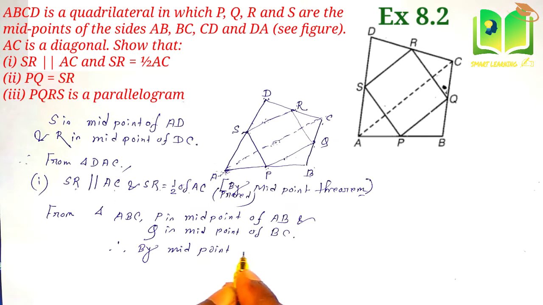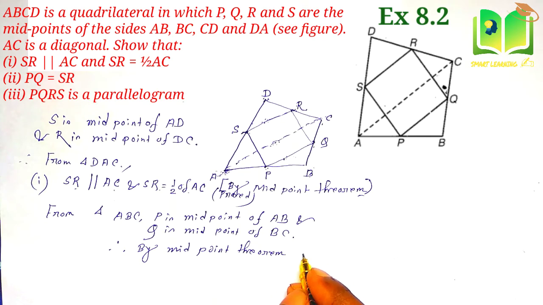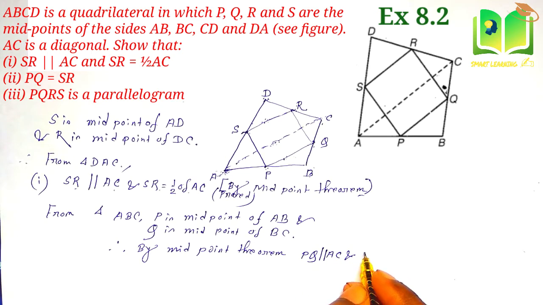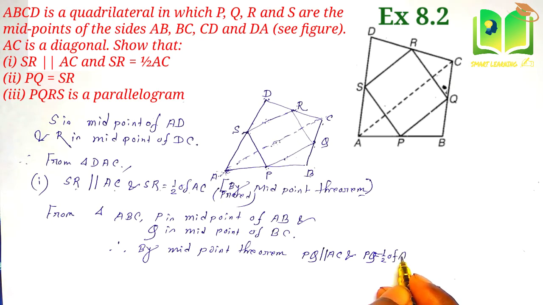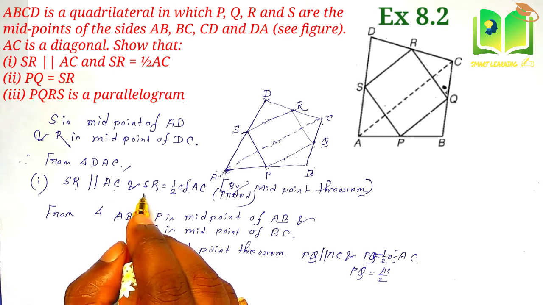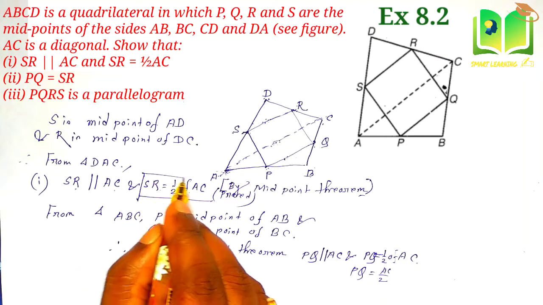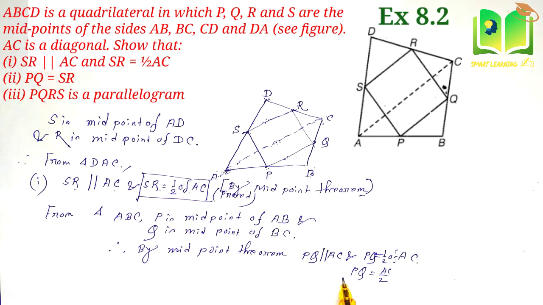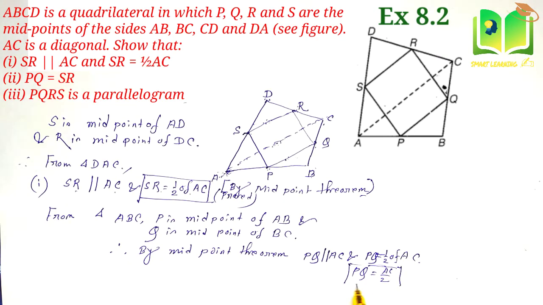what we can write? PQ is parallel to AC and PQ equals half of AC, means PQ equals AC by 2. Already we have SR equals half of AC, or AC by 2, and PQ also the same.